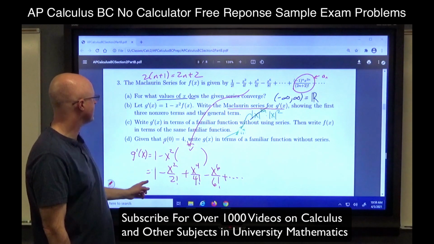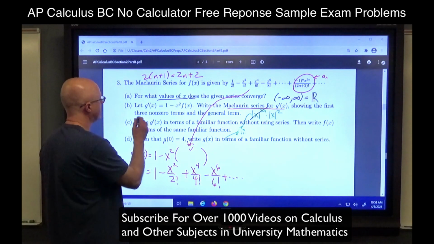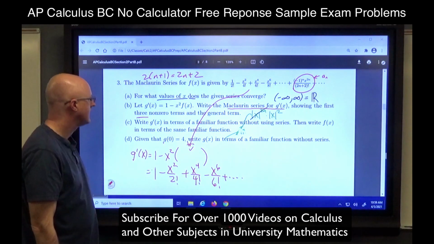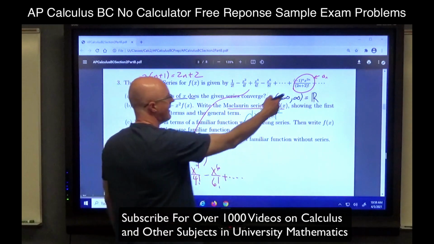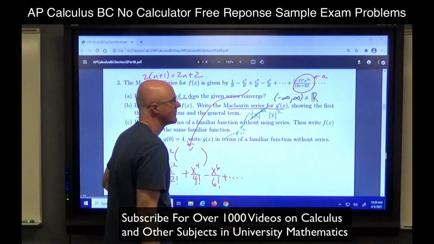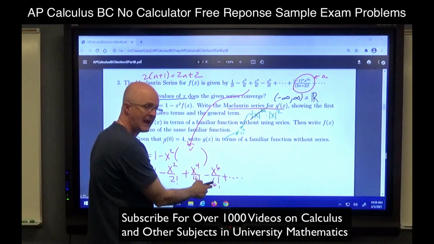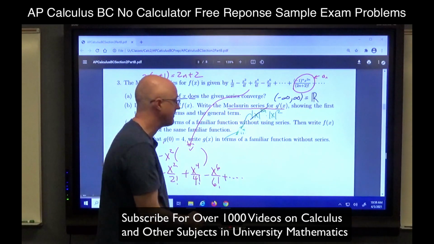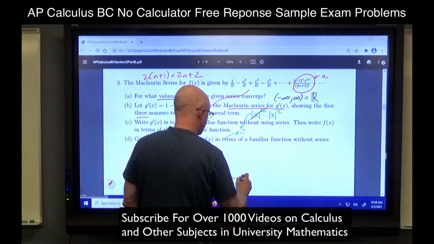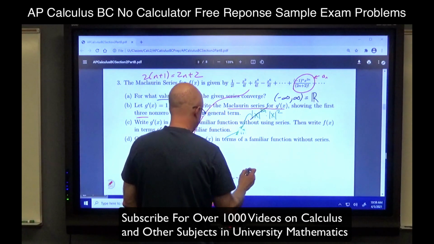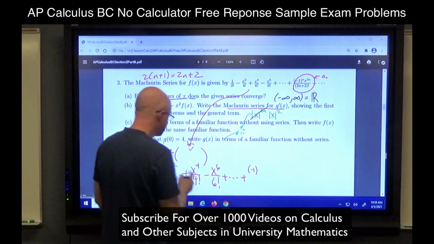I did 4 non-zero terms when we were only after 3, but I did 4. I am after the general term. It's analogous to this, except the power needs to match what's being factorialized. There's the second time I used the word factorialized, which again is probably not a word. And we got a negative 1, the signs are oscillating.